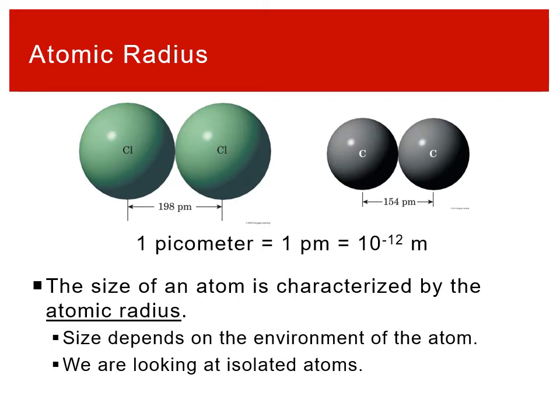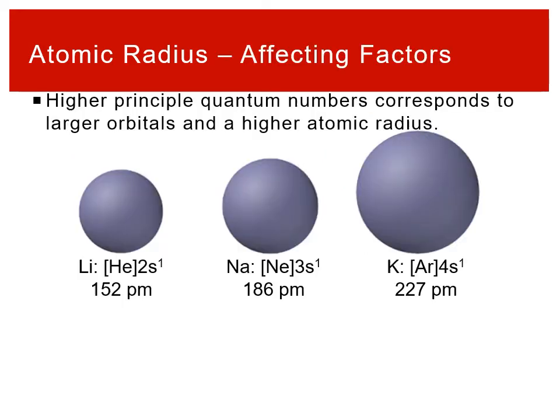But it's important to note that we're looking at some sort of average description of an isolated atom. If you put atoms into molecules, their size is going to change a little bit. So there is some variation, but overall, we're looking at a characteristic size, of these isolated atoms, as best as we can measure experimentally or figure out.